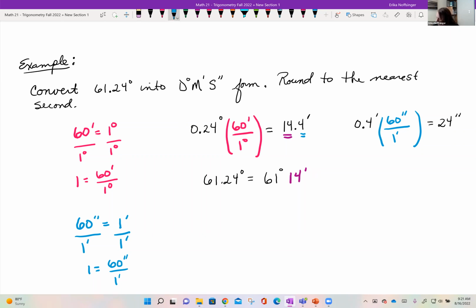The 0.4 minutes was 24 seconds. Let's pull up and do one more, and then we'll move on to other conversions of degrees.